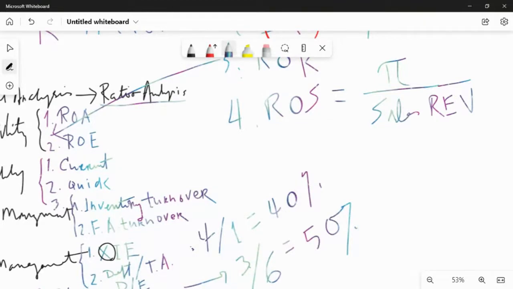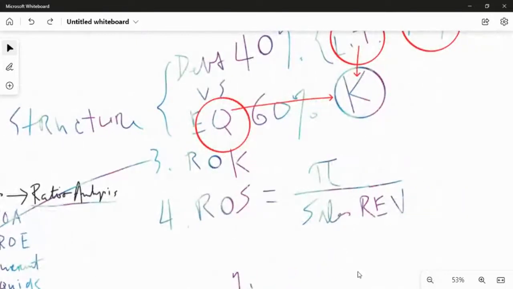All these ratios, I told you, have to be positive numbers. But whether it is good or bad depends on the industry average. By your own number alone, it's hard to tell. As long as these numbers are positive, that's a good sign.